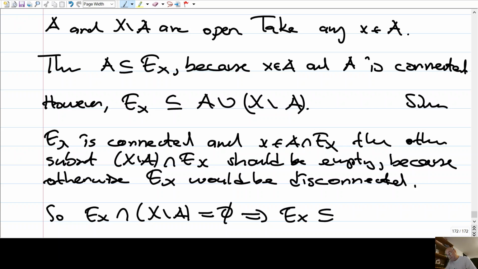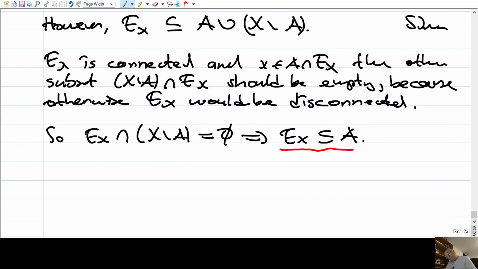In other words, it's a subset of A. But A was already a subset of E_x, right? Thus A is E_x.